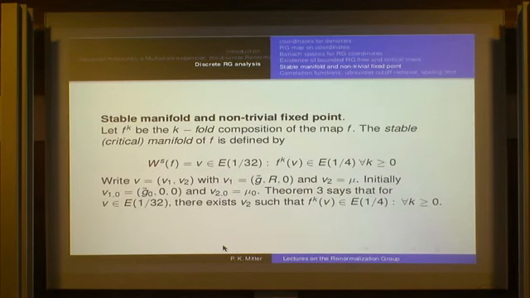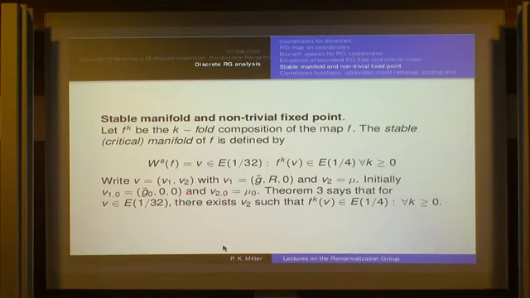So what's a stable manifold? If you have the map F, the renormalization map, the K-fold thing, the stable critical manifold is defined by the original V in the small ball such that Fk of V is in the ball 1/4.